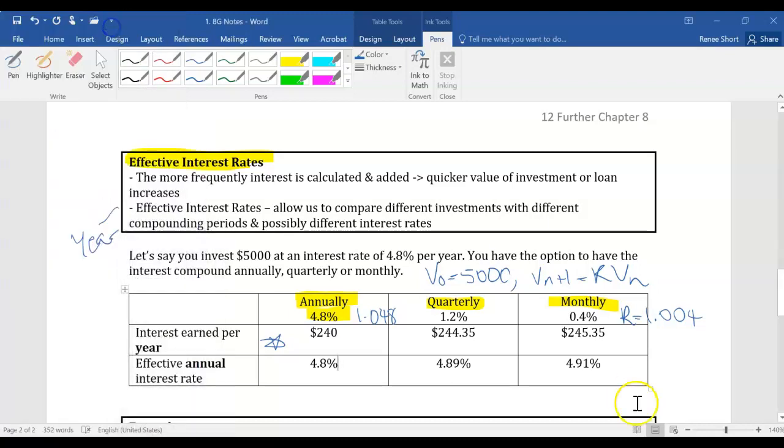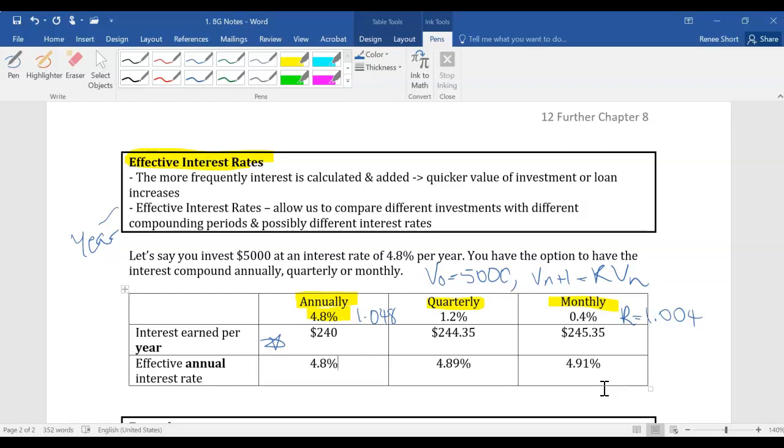So in comparing these three from those effective interest rates, which is like that average yearly rate, so to speak, we can see that that monthly rate then has a rate of 4.91%, which is 0.11% higher than the annual rate.